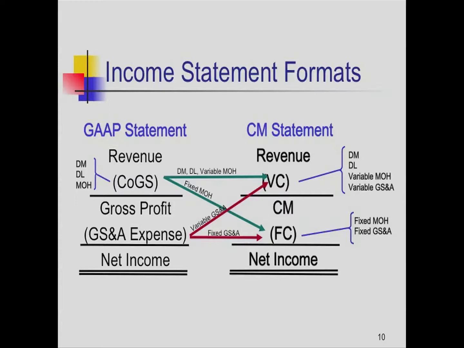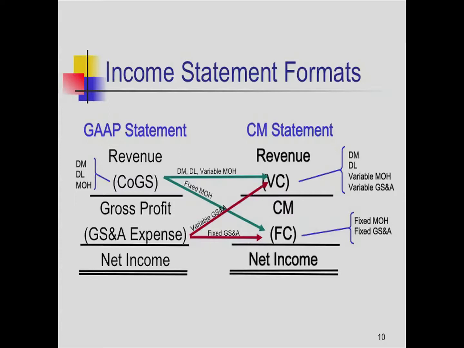So the way our traditional or GAAP income statement is put together is that we split our costs by function. By that I mean cost of goods sold basically represents my manufacturing cost, and GS&A stands for General Selling and Administrative.